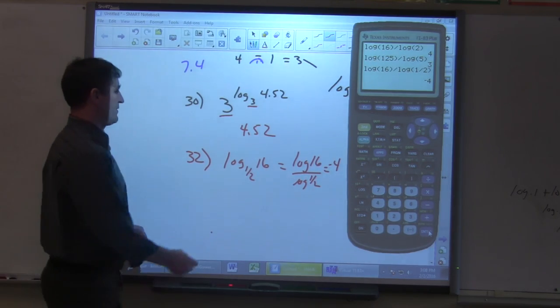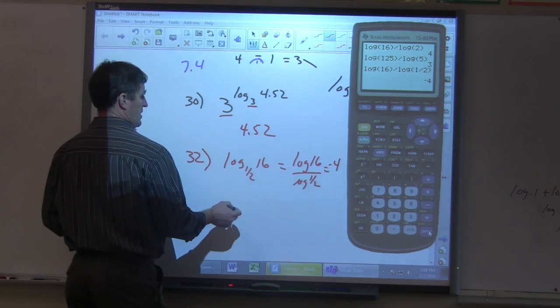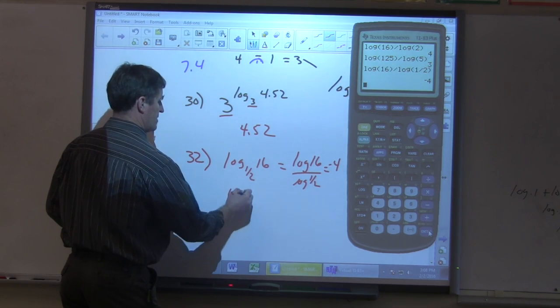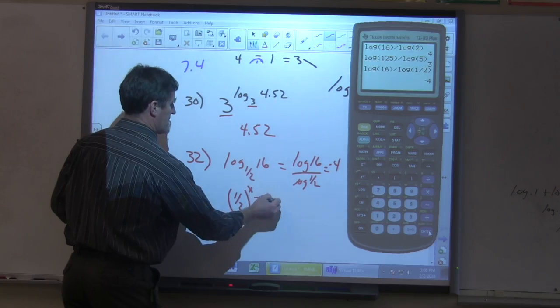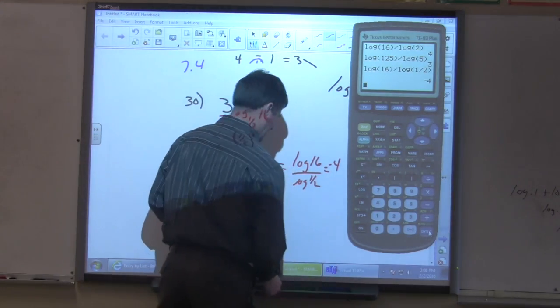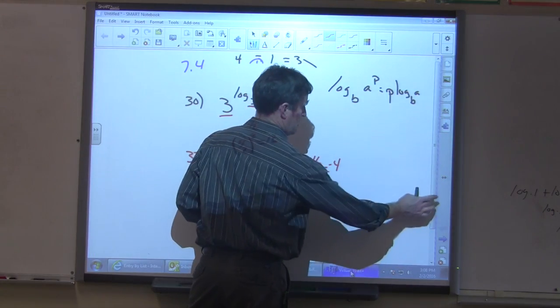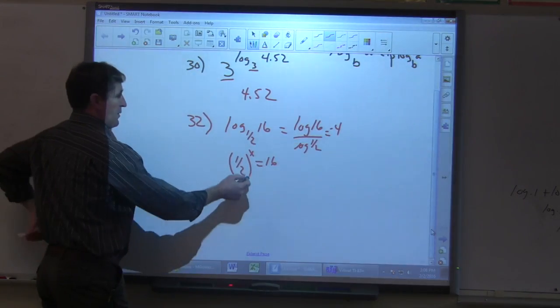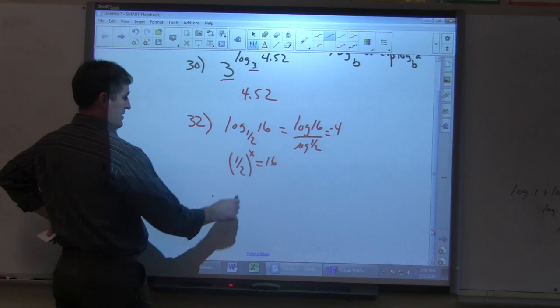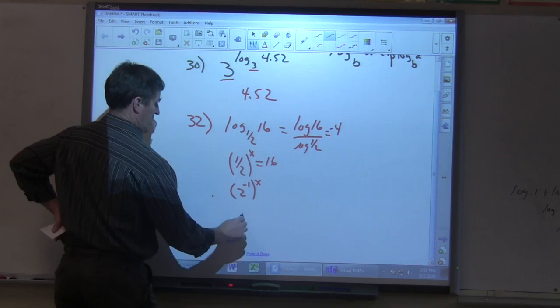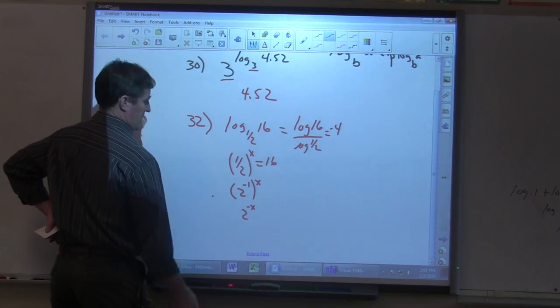You could have put it in exponential form and said 1/2 to the x power equals 16. Then we would want to write these in the same base. Well, I can write 1/2 as 2 to the -1 power. And so that becomes 2 to the -x.